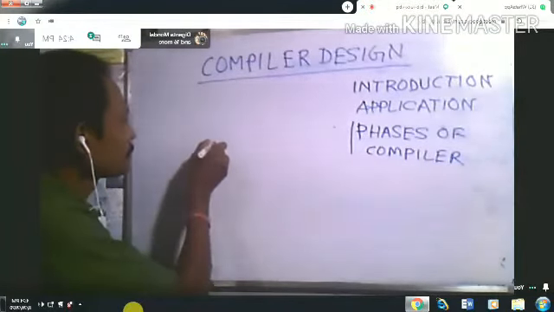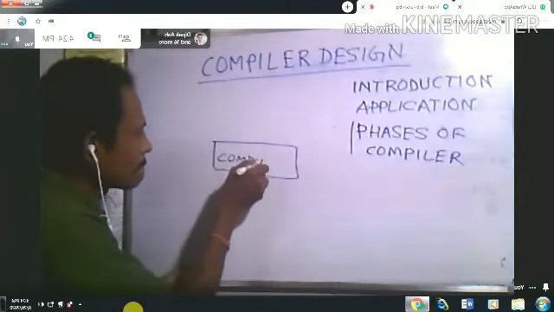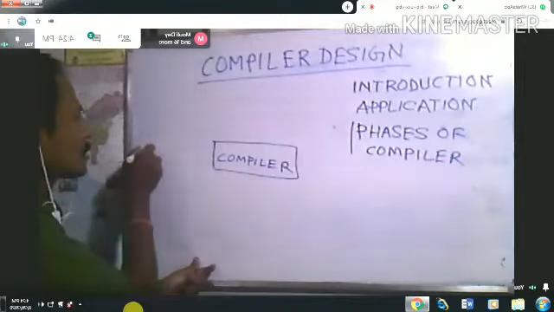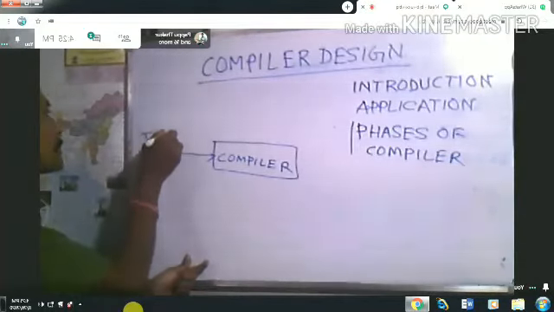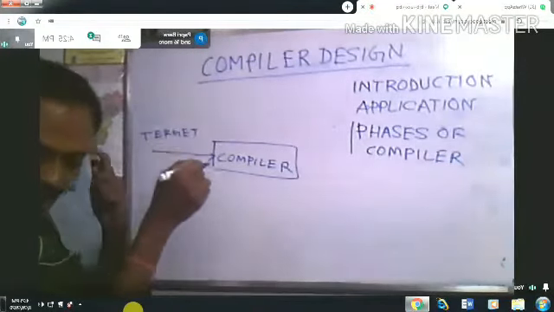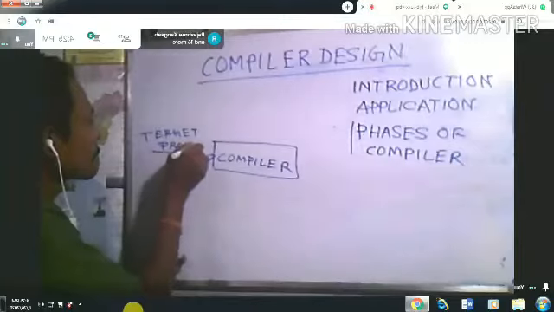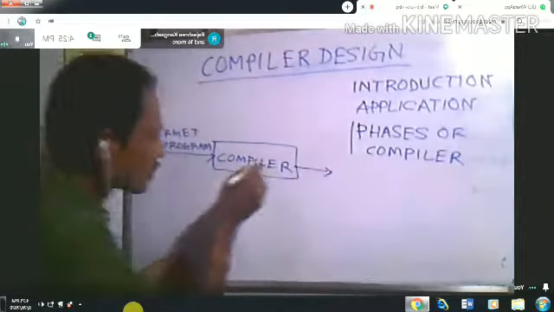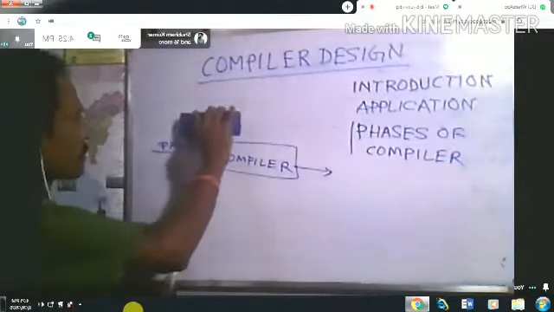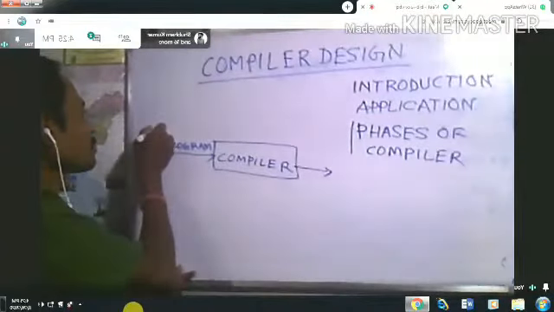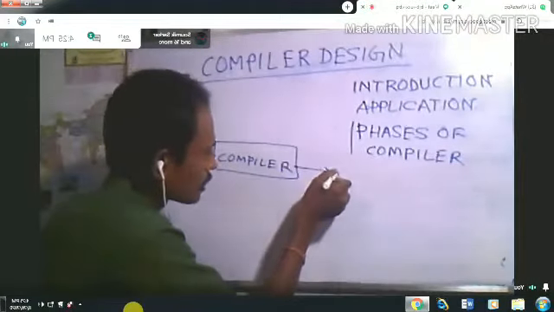Your input is the source program, and the output is the target program.